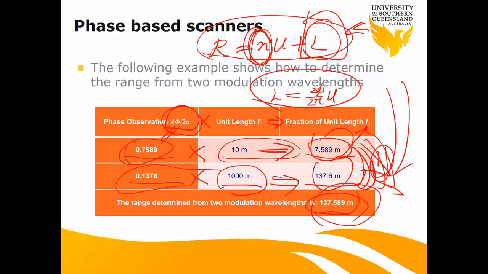There will be some gaps. So they increase the number of modulation waveforms. Using four is quite common, and maybe five is possible.